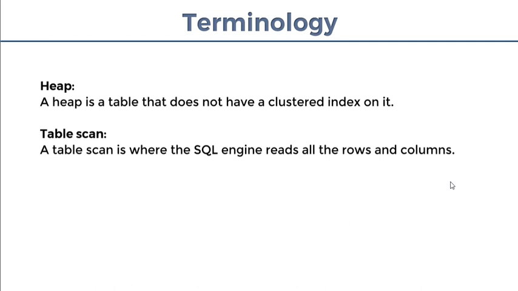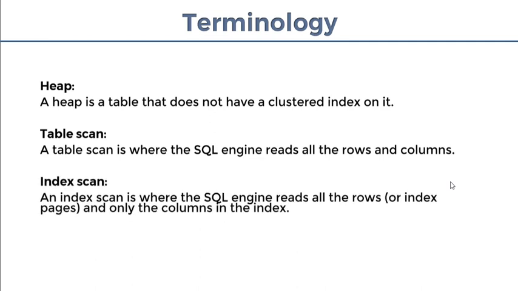Table scan. A table scan is where the SQL engine reads all the rows and columns. Heap is a table that does not have a clustered index on it. Like a table scan, there is an index scan.